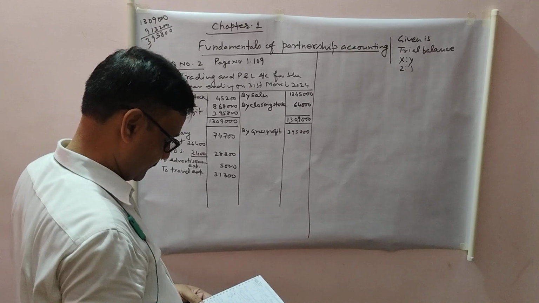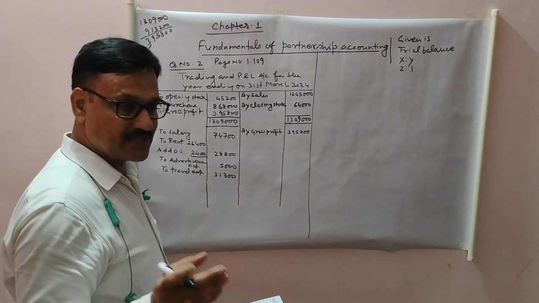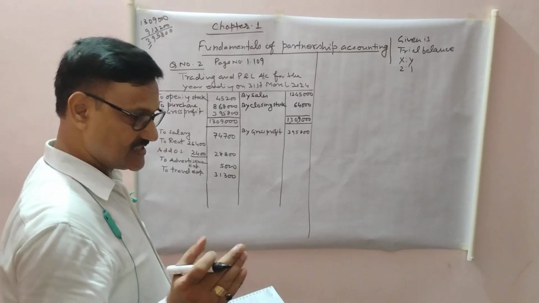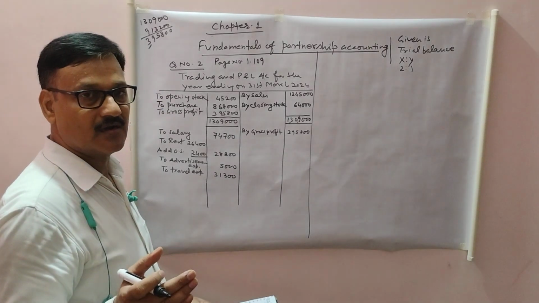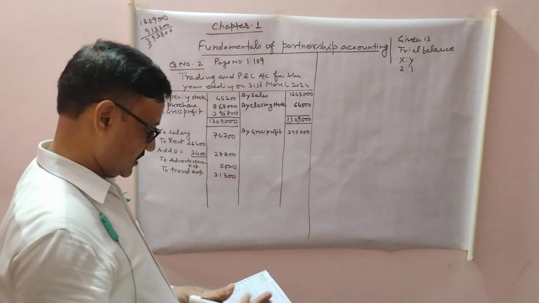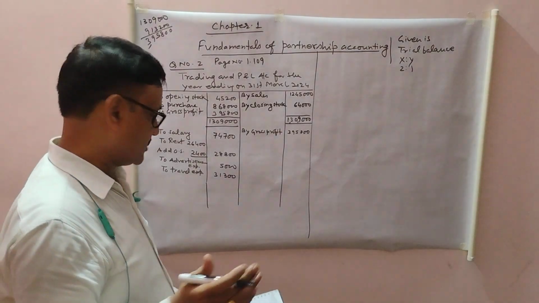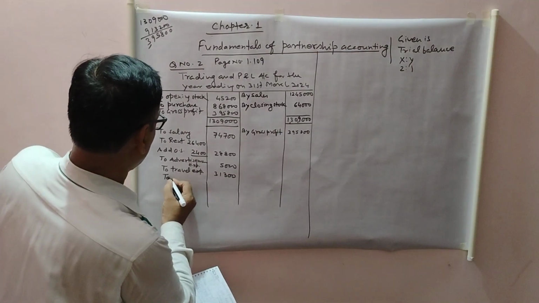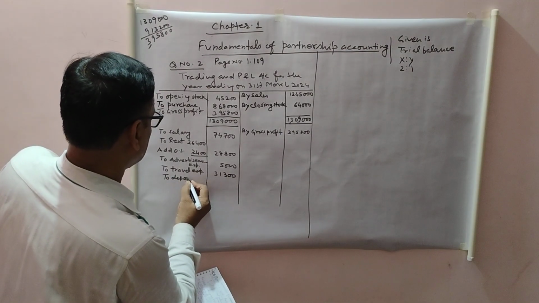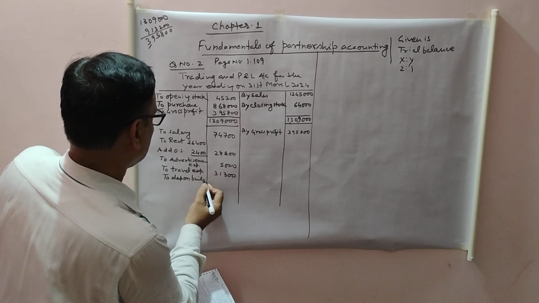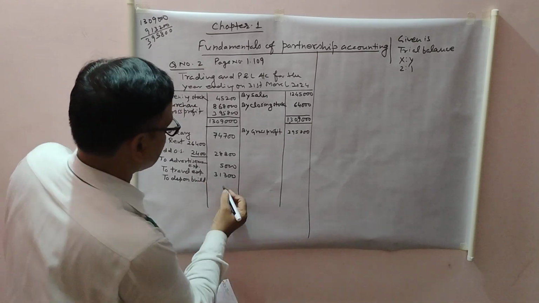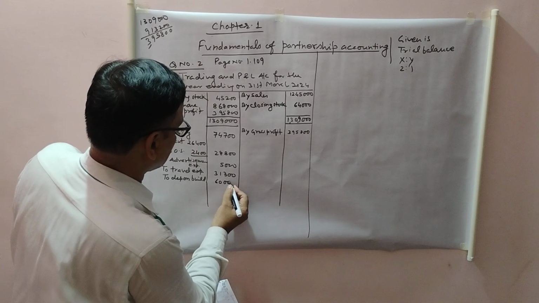And there is provision of depreciation on building. Building is 6 lakhs and provision is to be made for 10%. Therefore 6 lakhs का 10% कितना होता है, 60,000. So to depreciation on building, that is 60,000.